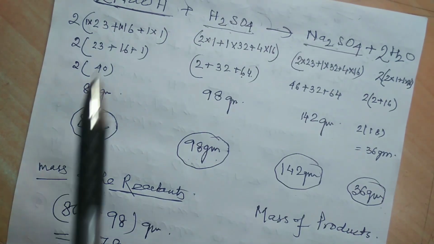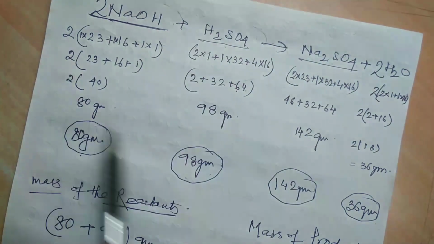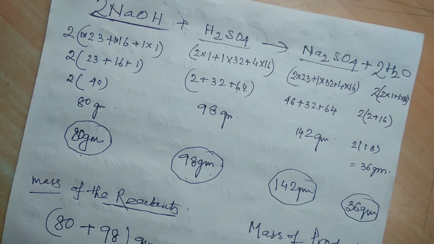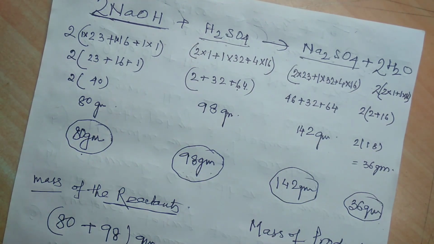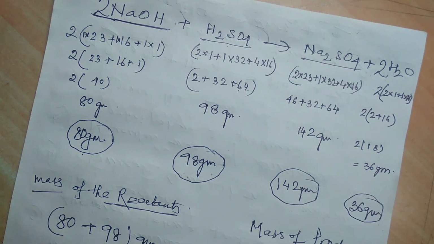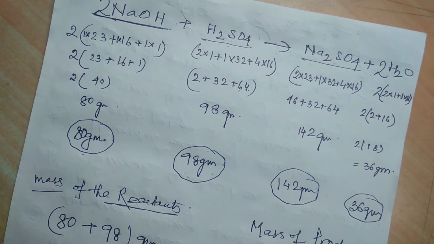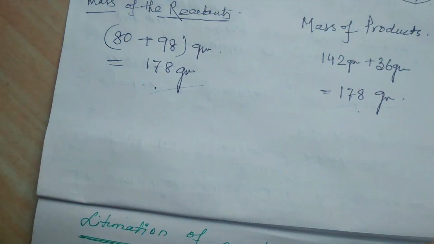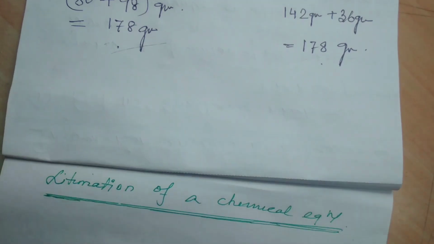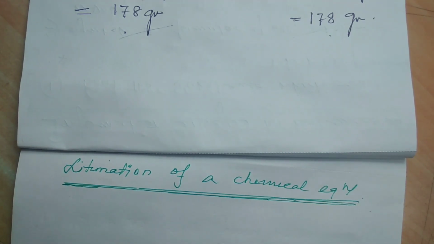And this balanced equation also proves the law of conservation of mass. With the equation, the mass of the reactants is calculated as 178, and we calculate the mass of the products. If both are the same, it is in accordance with the law of conservation of mass. So this is all about the information we get from a balanced chemical equation.